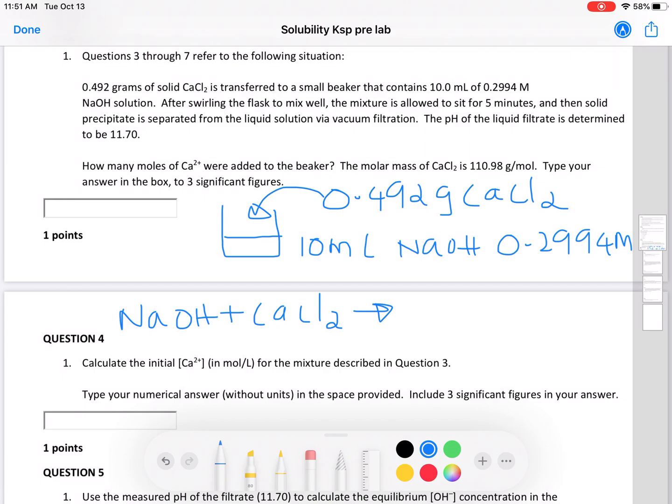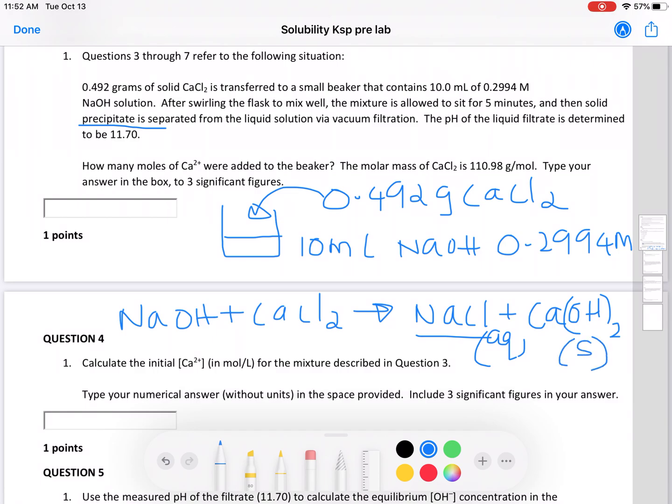It is going to form sodium chloride and calcium hydroxide. Sodium chloride is soluble in water, and the white precipitate that it talks about here, a solid, is going to be your calcium hydroxide solid.